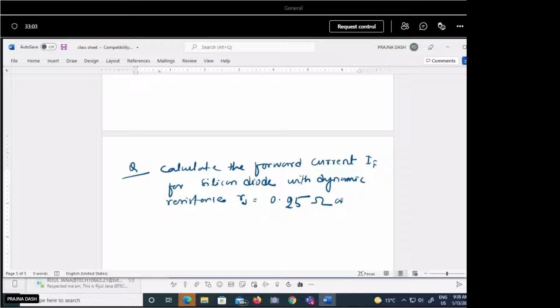Only the dynamic resistance is given in the following circuit.